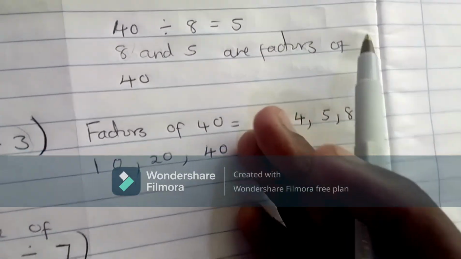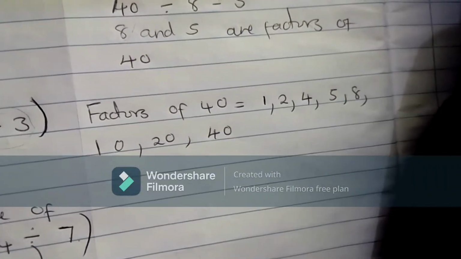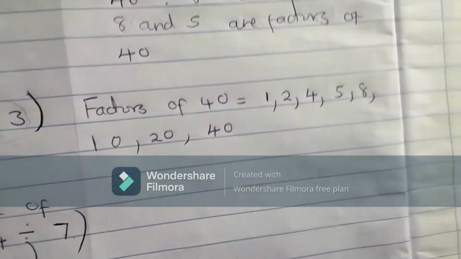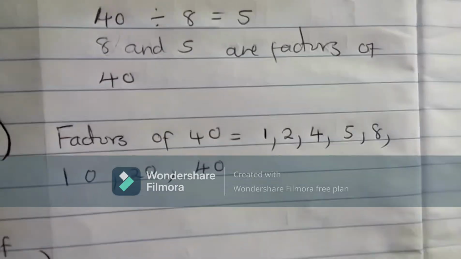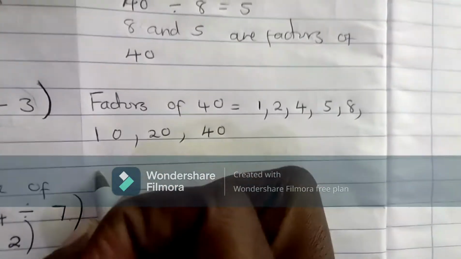Yeah, it's okay. Moving on to prime numbers. A prime number has only two factors, itself and 1.